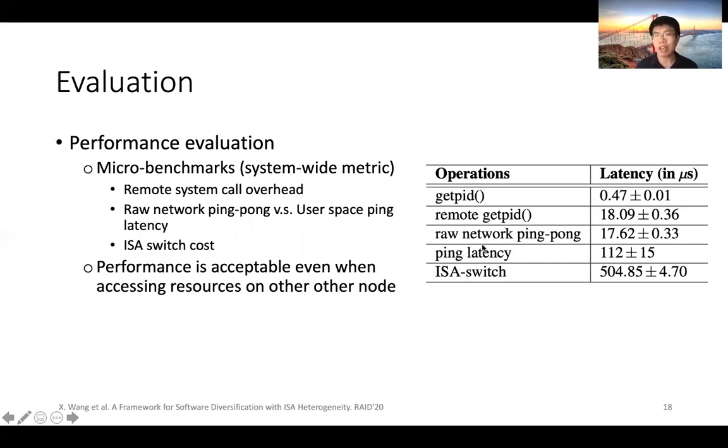This is because we have a faster in-network communication channel. With a remote system call, we can see the remote getpid is just the number from the local getpid plus the raw network ping-pong. And the ISA switch cost is still reasonable.